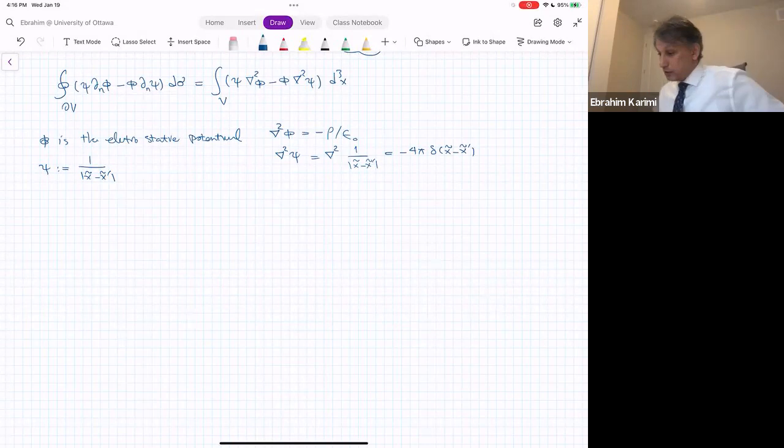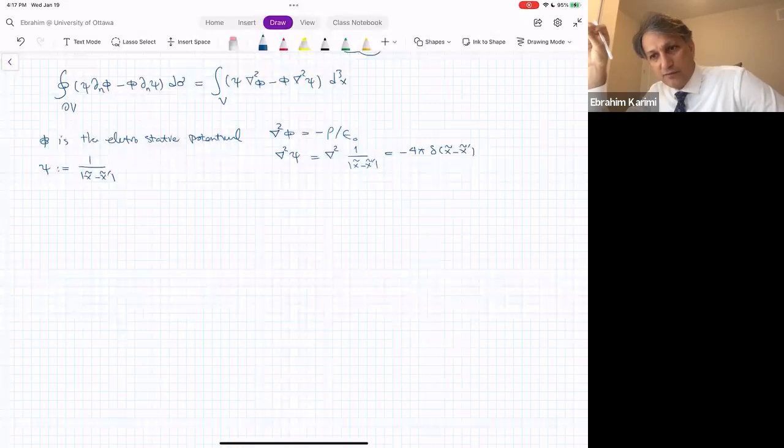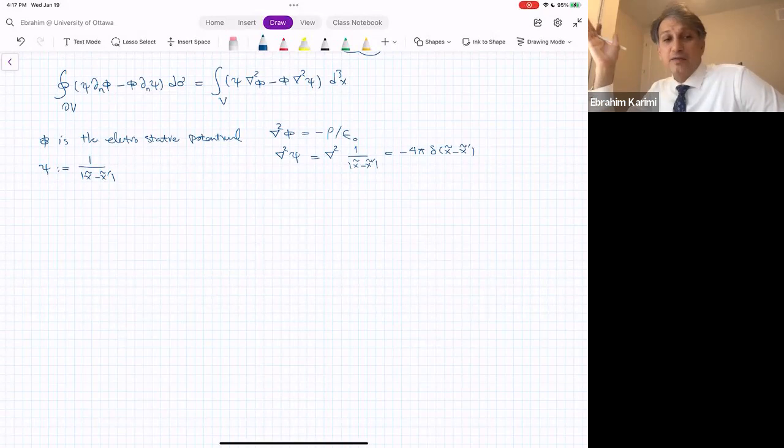So now let's replace it in this expression. This is true for any well-defined psi and phi functions, and now I'm assuming that phi is the electric field potential, and psi is 1 divided by the magnitude of x minus x prime, which has this property.